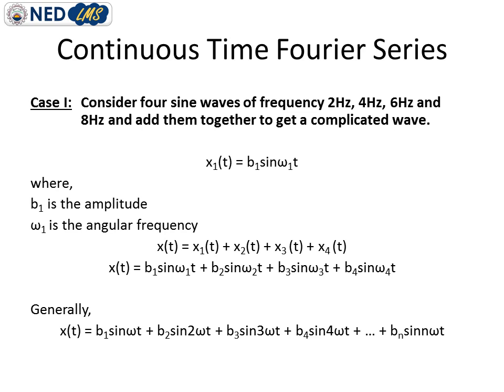And instead of x2 of t we have written b2 sine omega 2t, b3 sine omega 3t and b4 sine omega 4t for all these 4 waveforms of 2, 4, 6 and 8 Hz.